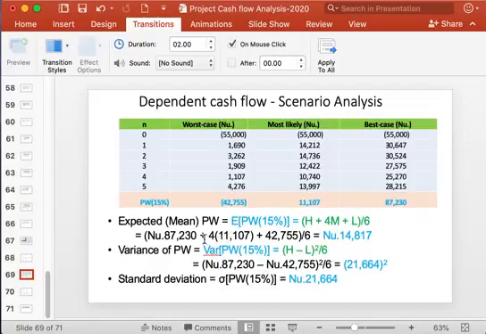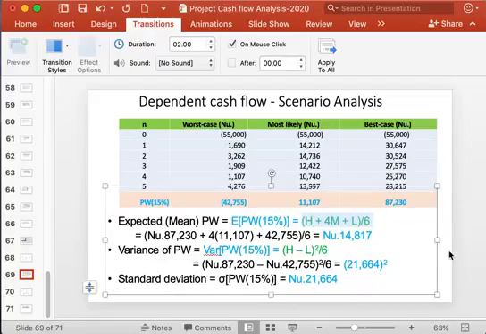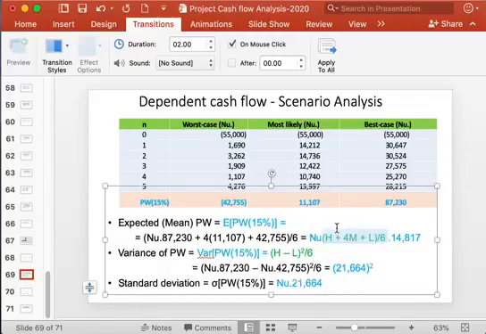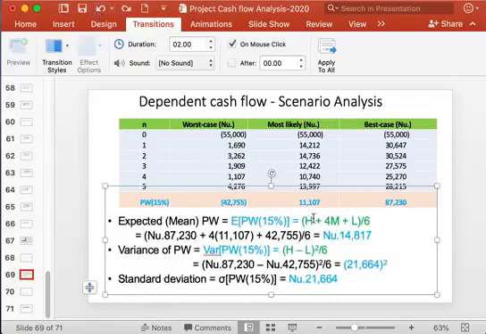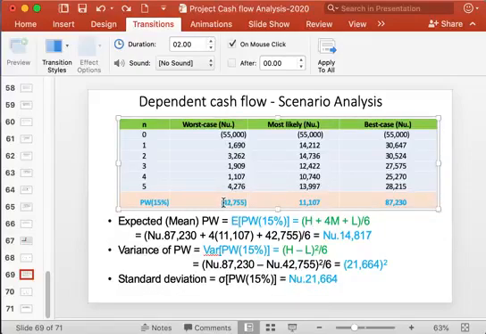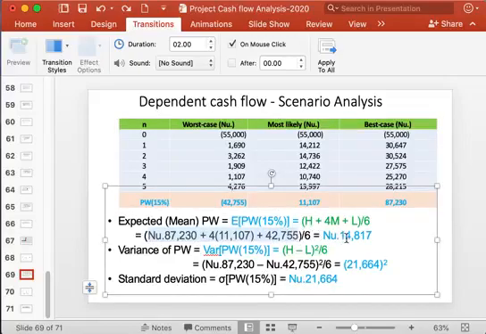Whereas when we calculate the expected present worth using this formula, and actually we are using the present worth of worst case, most likely and best case scenario, and calculate the mean, then we are actually taking care of the effect of each year's cash flow on the other.